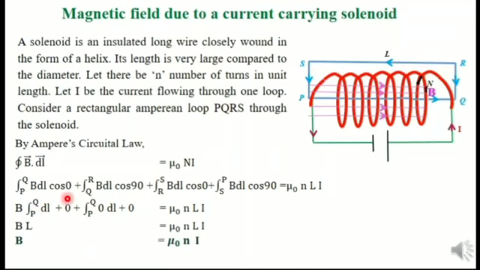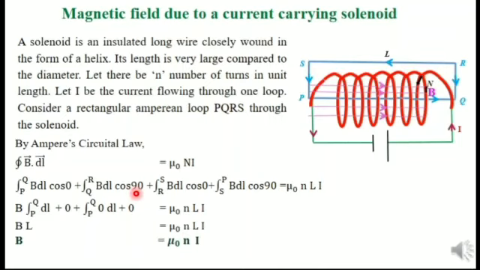Since the magnetic field and small part of the Amperian loop QR are perpendicular, the angle between B and dl is 90 degrees. So the second term is integral Q to R B dl cos 90.